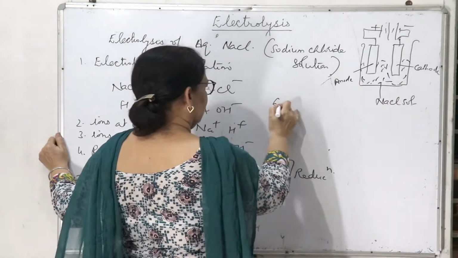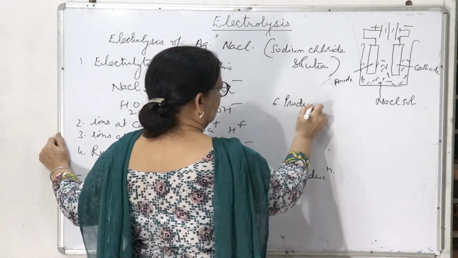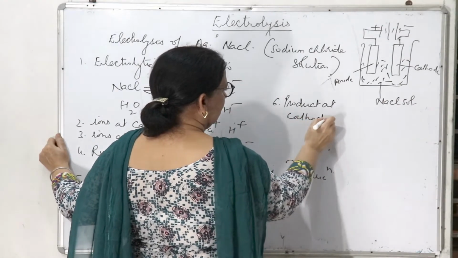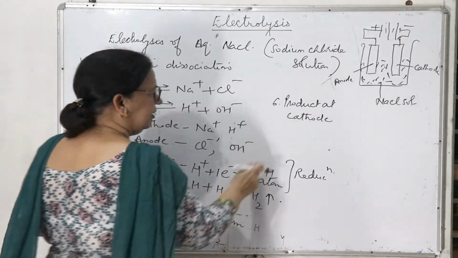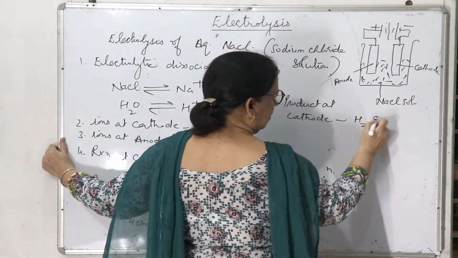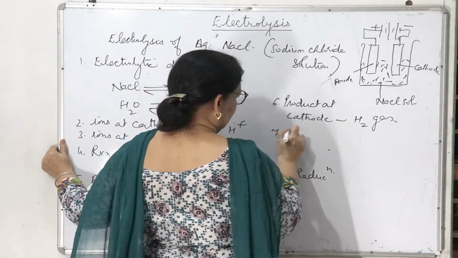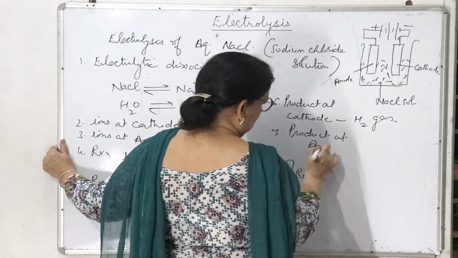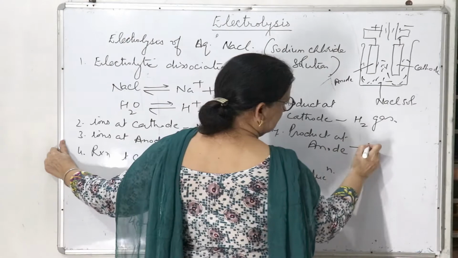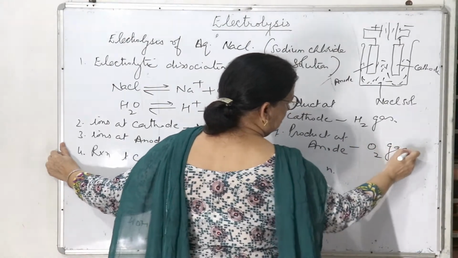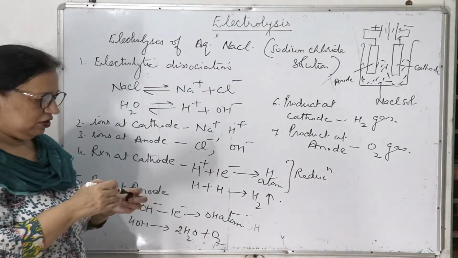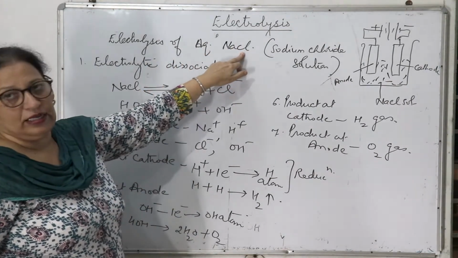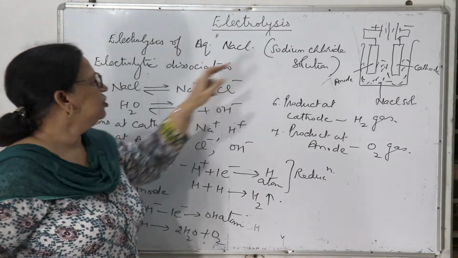Now the 6th step is the product at the cathode. What is formed at the cathode? Hydrogen gas, H2 gas, and the product at the anode is oxygen gas. So this is the electrolysis of aqueous NaCl, that means NaCl solution.